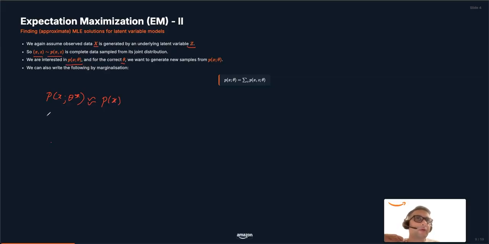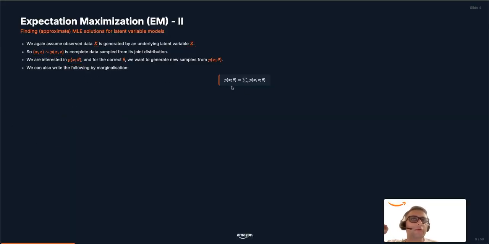And we want to be able to generate new samples from this. So this is the overall aim. In fact, you'll see me repeat this multiple times. This is going to be the overall aim of all of generative modeling.